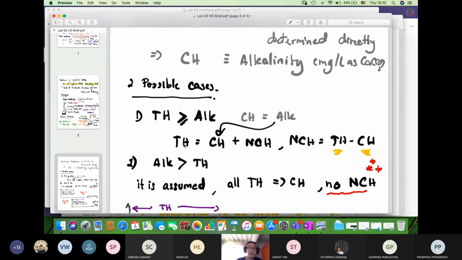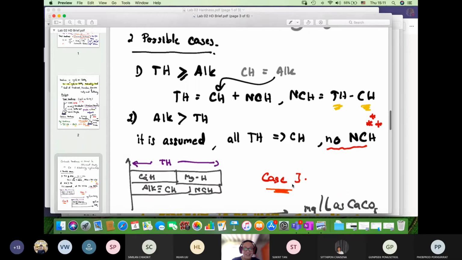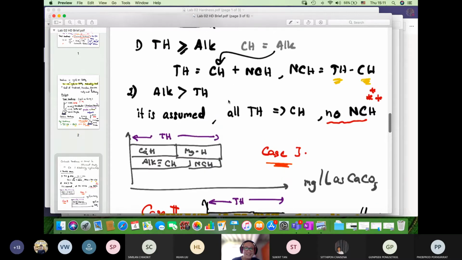So if the total hardness is less than the alkalinity, in this case we can assume the total hardness is all carbonate hardness, no non-carbonate hardness.